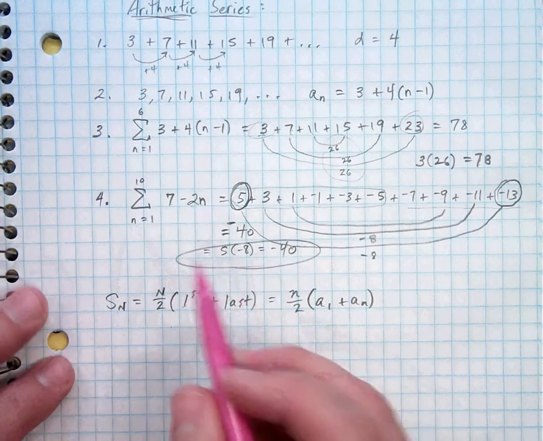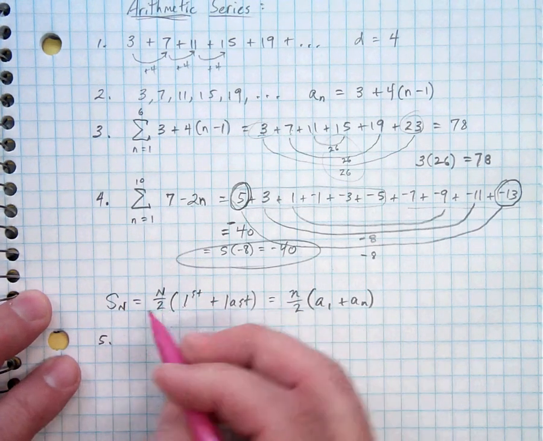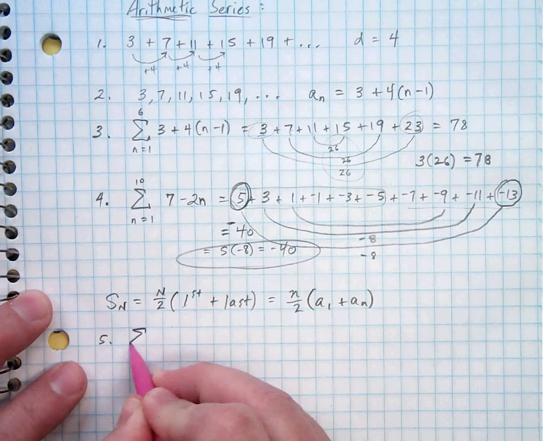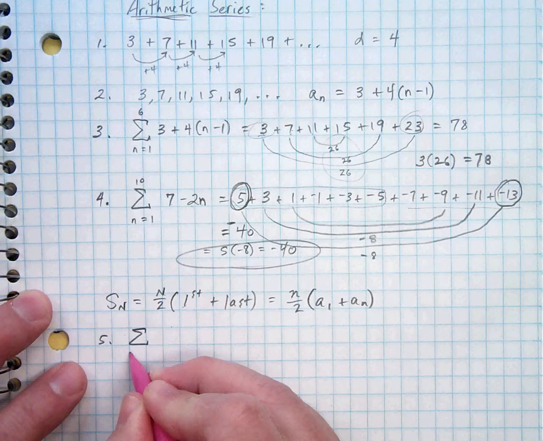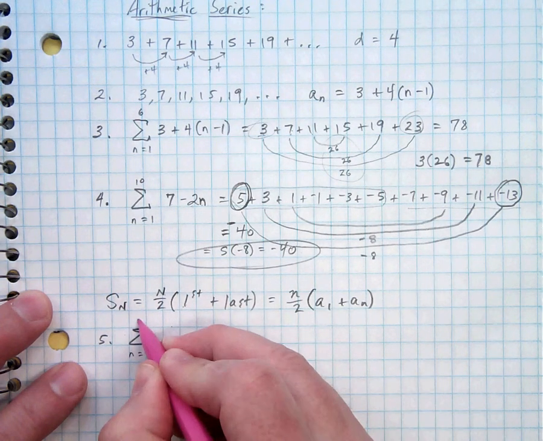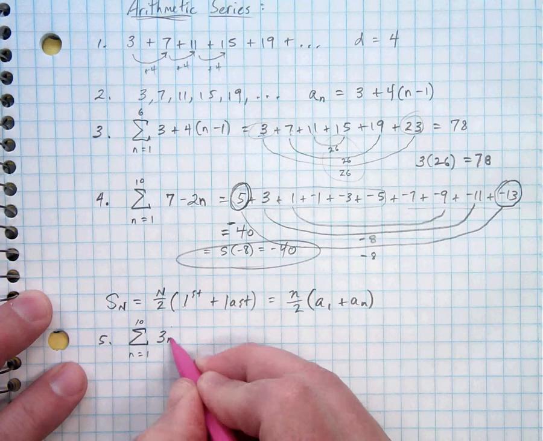Maybe I'll just make up a new problem. Let's do the sum of n equals 1 to 10 of 3n minus 2.